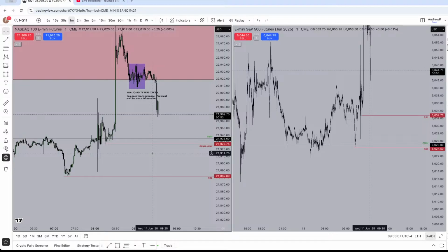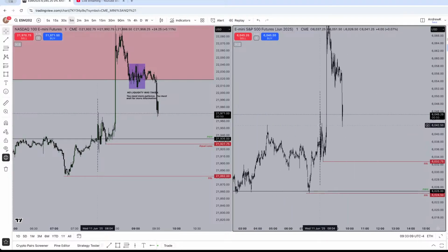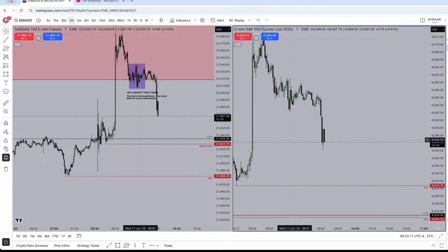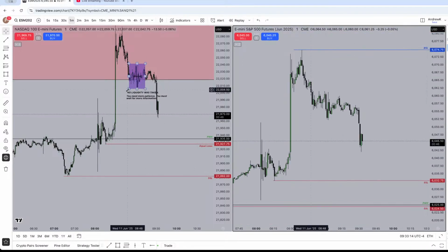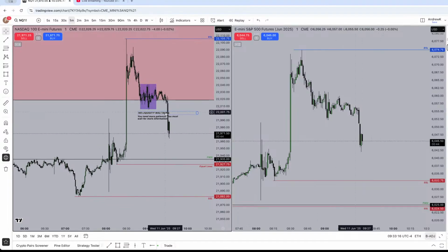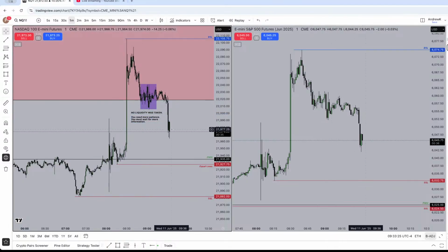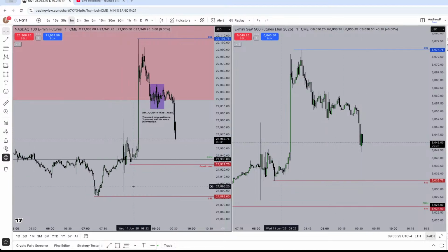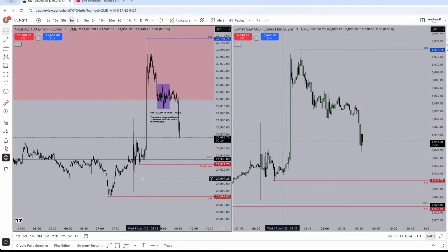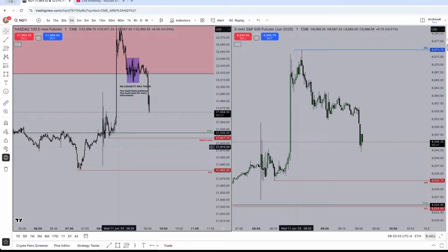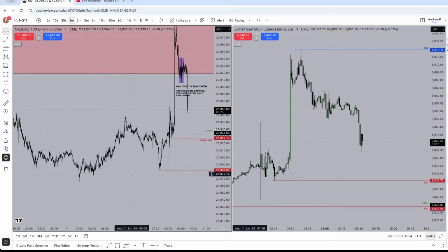All right. So, does everyone understand why you need to wait for more intel here? Does everyone understand that? If we want to blow up the longs, the best case scenario is we're going to come down here.